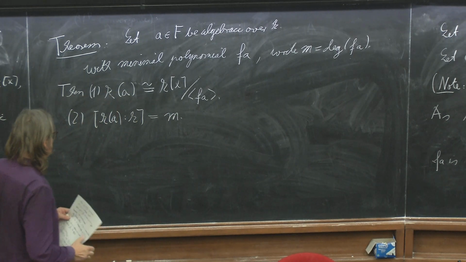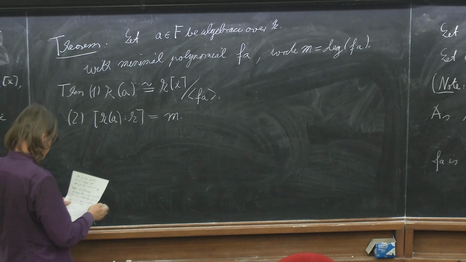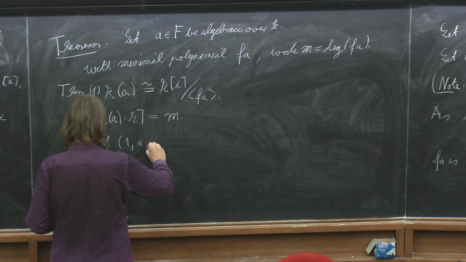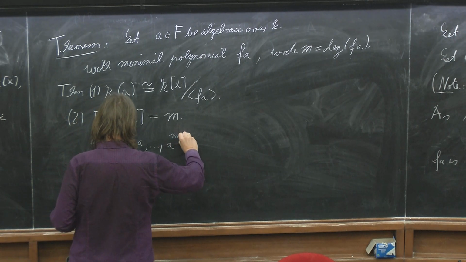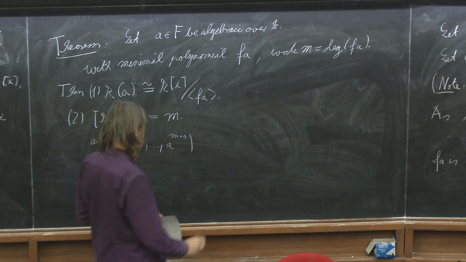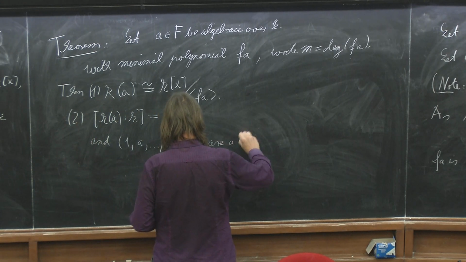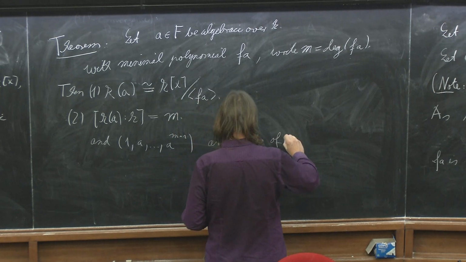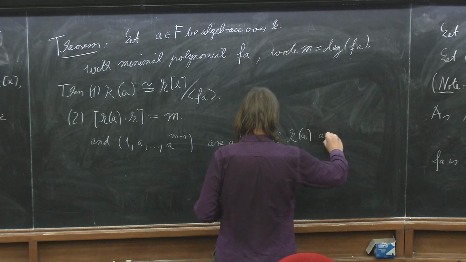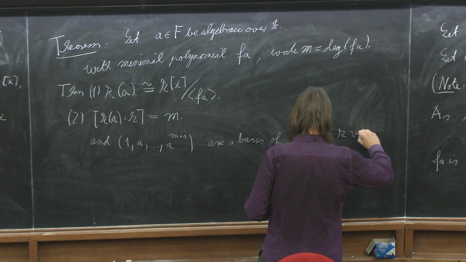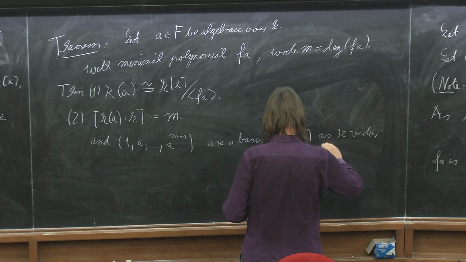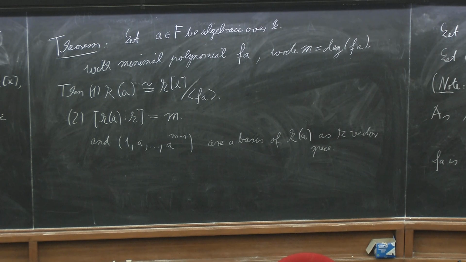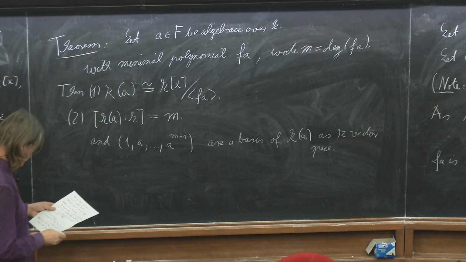And in fact, we can say what the basis is. 1, a, and so on until a to the m minus 1 are a basis of Ka as K vector space. And if you think a little bit more about it, it also tells you precisely how to compute in this field.